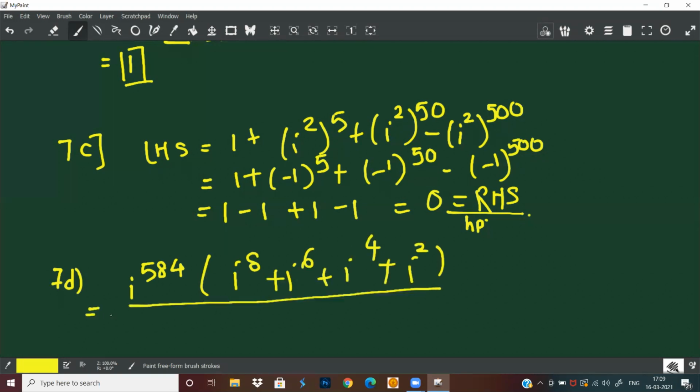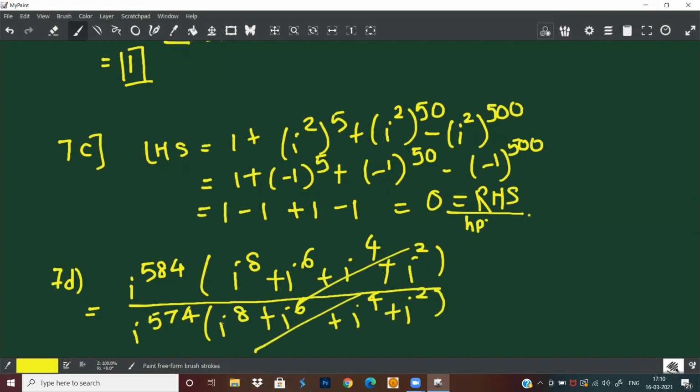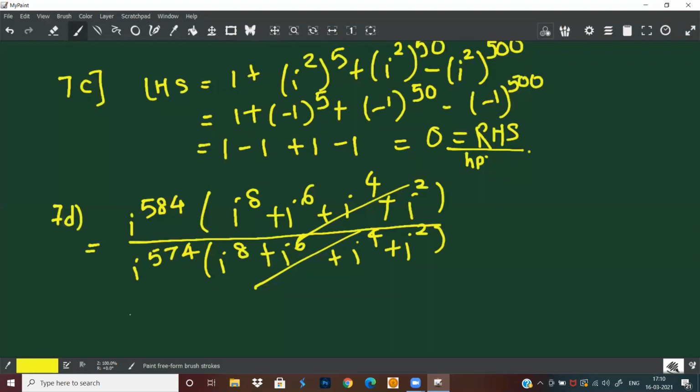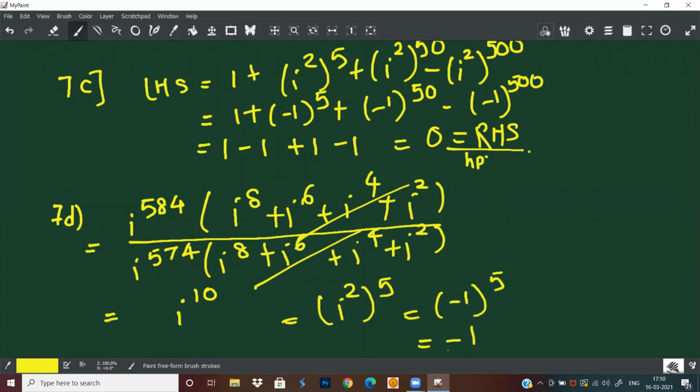And नीचे I raised to 574 common लेगा. Again, do you realize it is the same bracket? Indice is simple. तो ये तो कैंसिल होगा. तो ये आया मेरा I raised to 10. वो है I square raised to 5 -1 raised to odd. So your answer is -1.